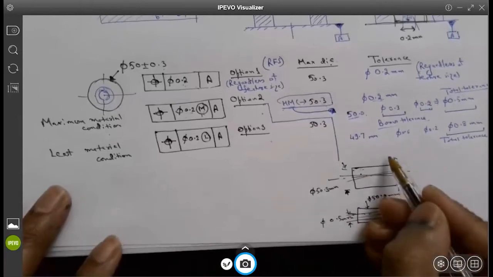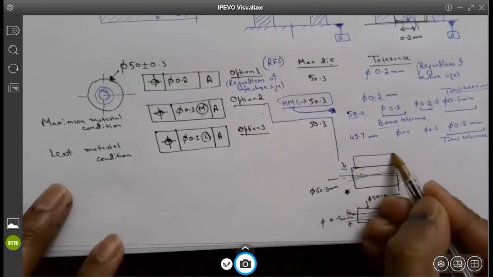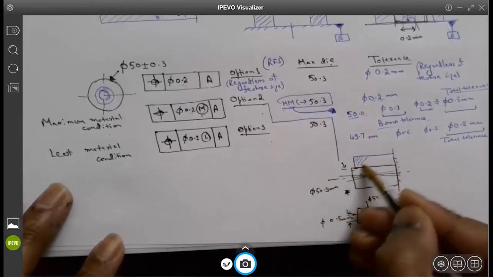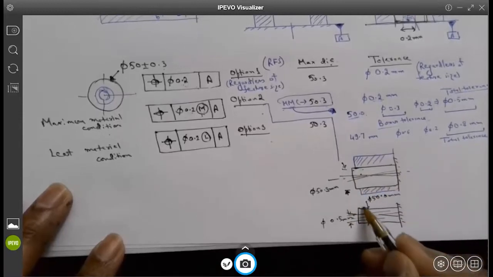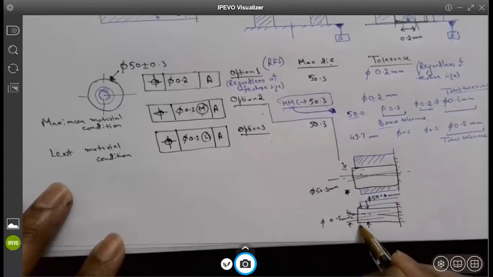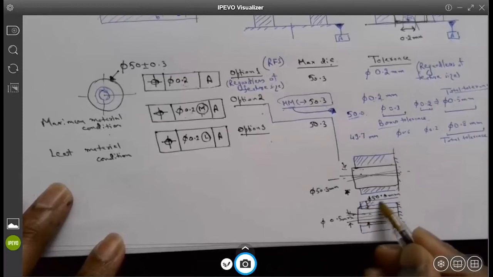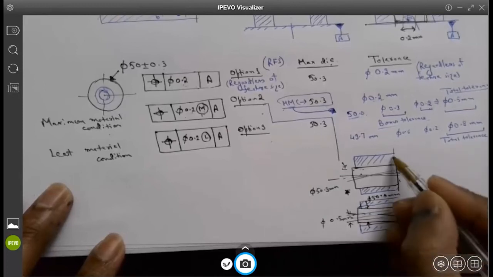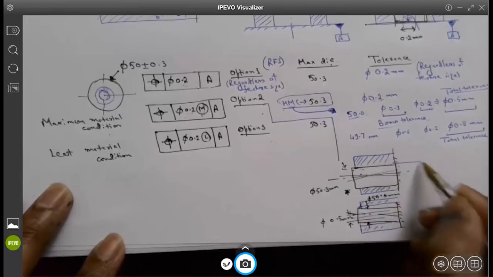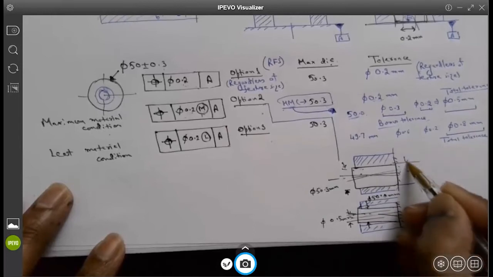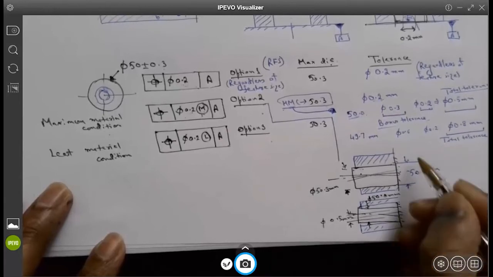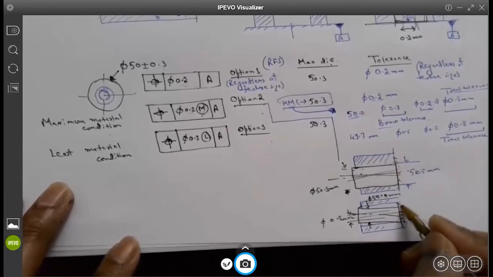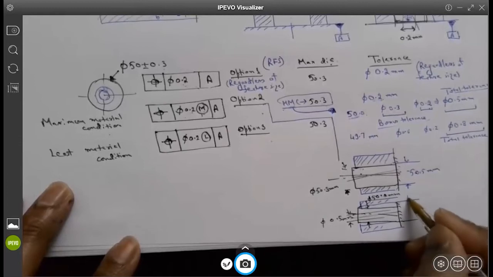Remember the gauge block, which is getting fitted here. This is the gauge block. Similarly, this is the gauge block. The gauge block dimensions are not changing. Let's say the gauge block dimension is 50.5 millimeters.